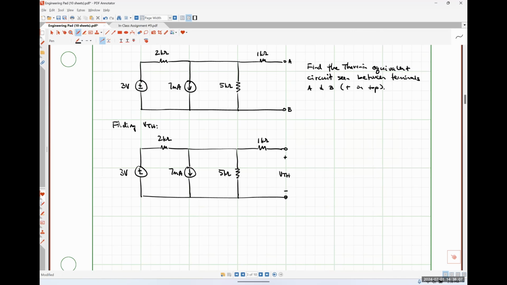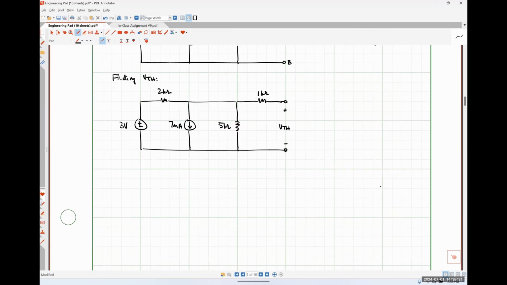I'm going to choose to ignore your suggestion, and I'm going to do a source transformation on the other practical source. And you might see why. Actually, hold on. No, that'll work. Sorry, I got ahead of myself there. If we do a source transformation there, that's fine. So 3 volts divided by 2 kilo ohms gives me 1.5 milliamps up.